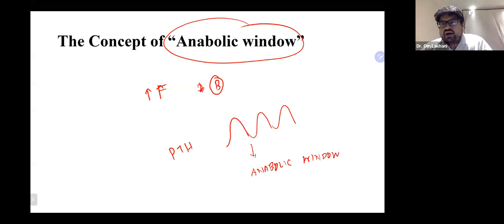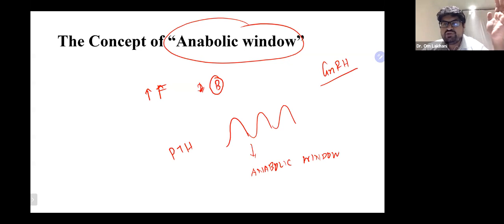Now, I think there are gynecologists also listening to this talk, and they will associate this with another hormone in the body, GnRH. We know that when GnRH is given continuously, it inhibits FSH and LH production. How do we use this?